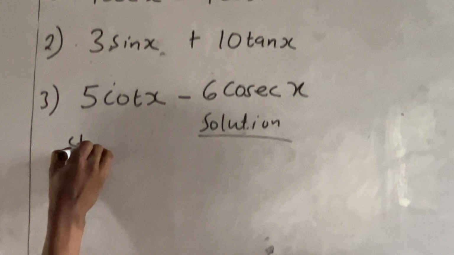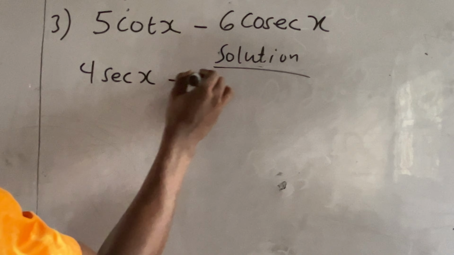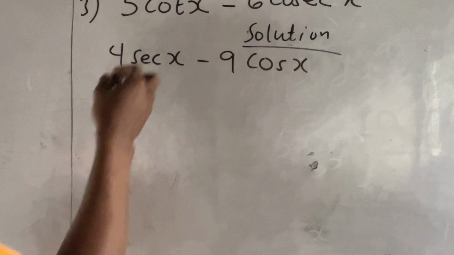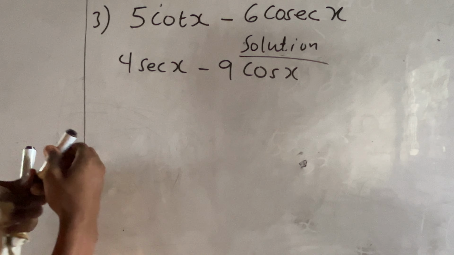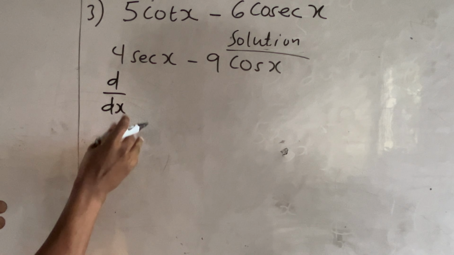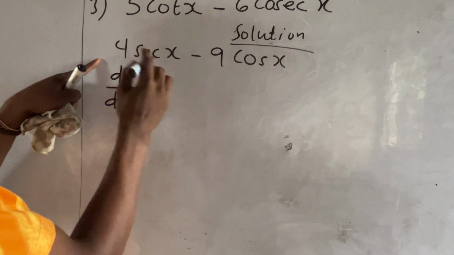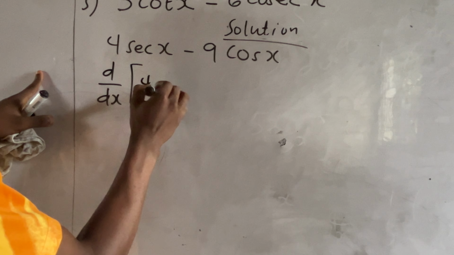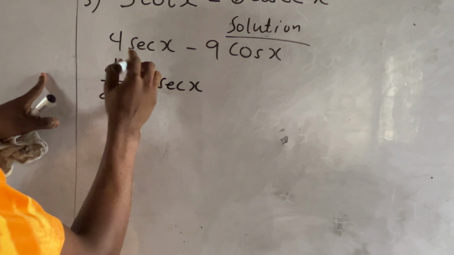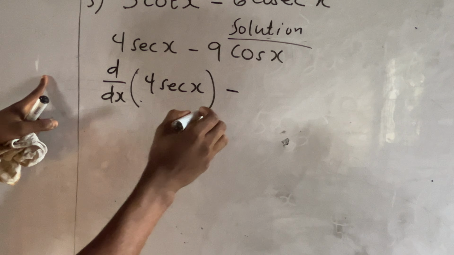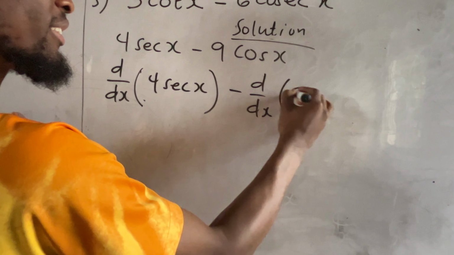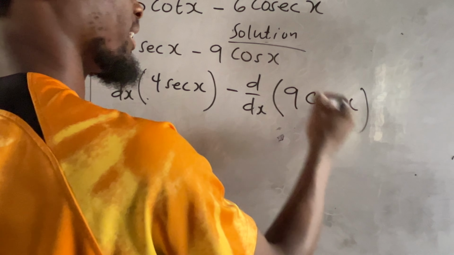You want to find the derivative of this function. So we have d/dx of 4 sec x, then minus, you find the derivative of 9 cos x.